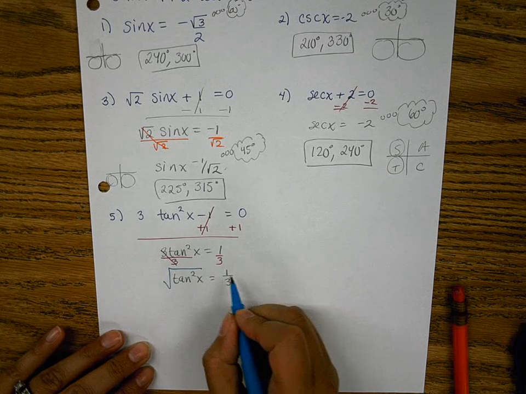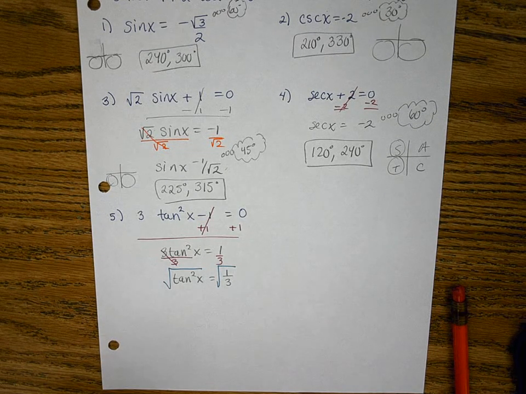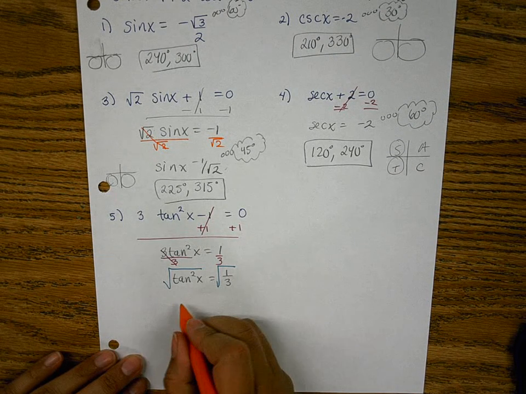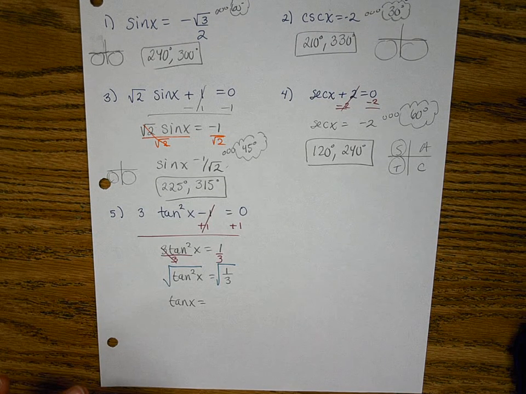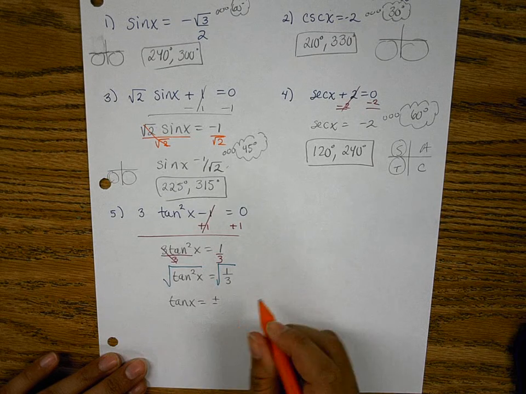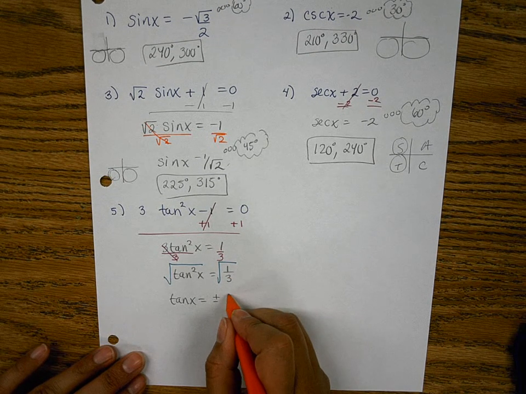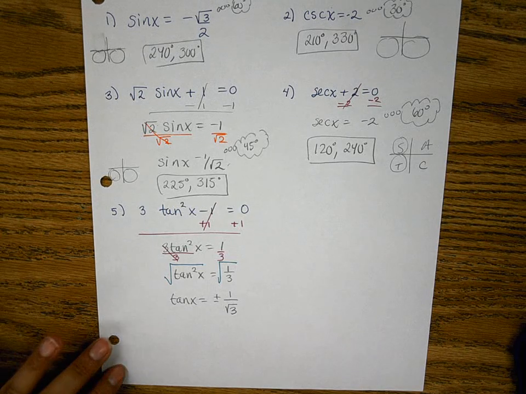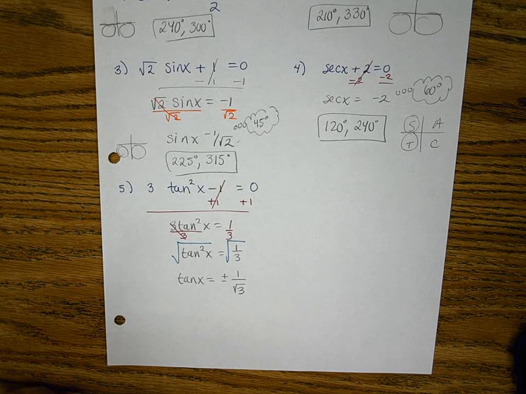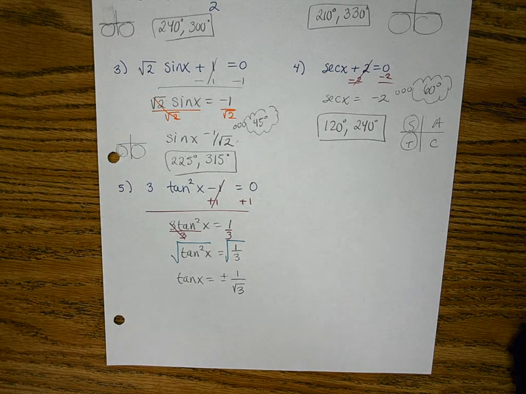Now with that, I need to solve for tangent, not for tangent squared, so we're going to square root both sides. Tangent of x equals, don't forget when you square root both sides you have to do plus or minus. So you do plus or minus, square root of 1 is 1 over root 3.